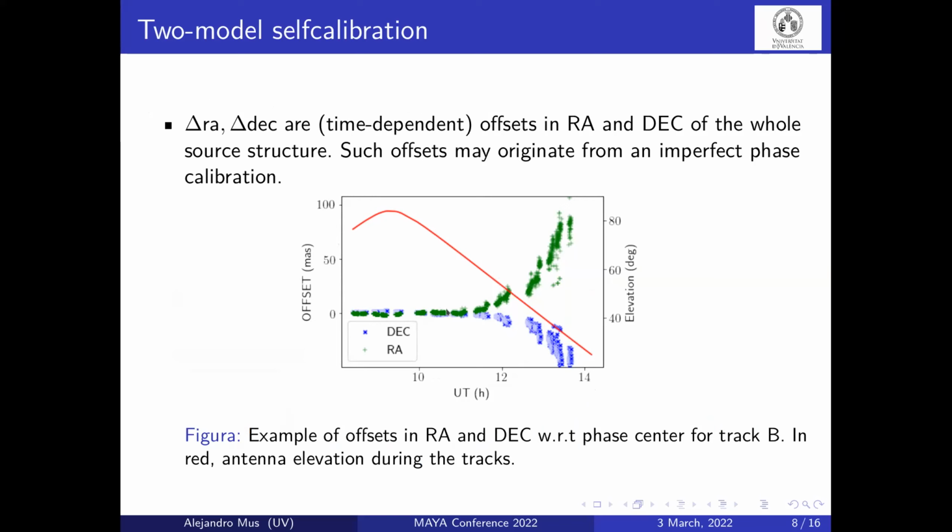They can be considered zero. However, when the elevations start to be lower, the atmosphere between ALMA and the galactic center starts to increase, and this offset starts to increase exponentially as well. So we have to take care of this astrometry during the self-calibration for the suboptimal elevations.